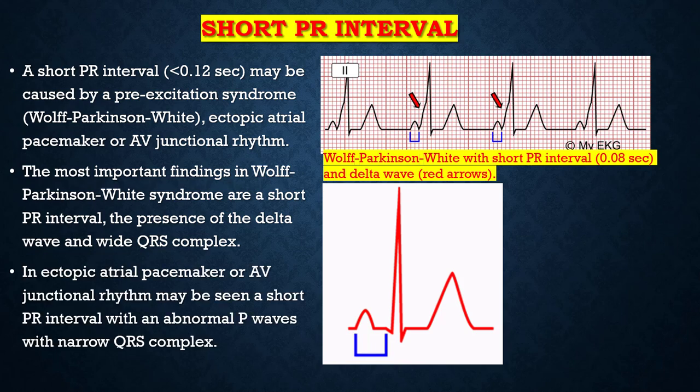In ectopic atrial pacemaker or AV junction rhythm, there may be seen a short PR interval with an abnormal P wave with a narrow QRS complex.